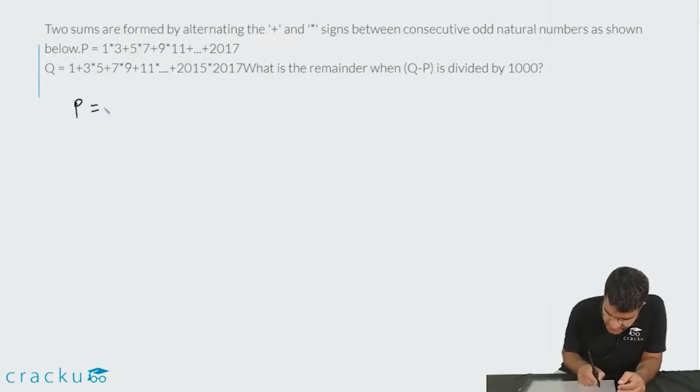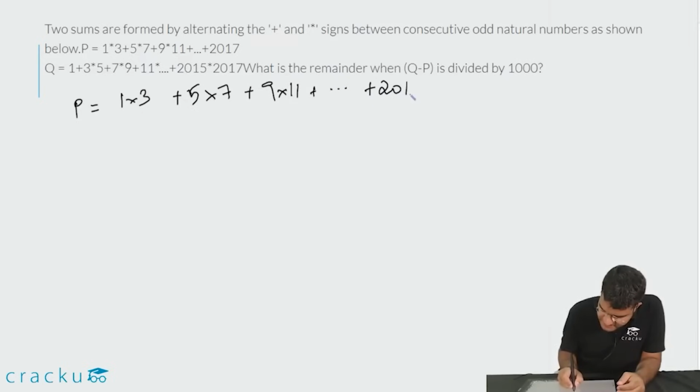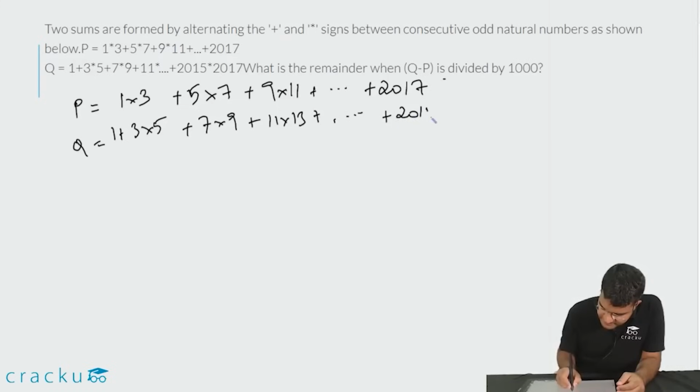P is equal to 1 into 3 plus 5 into 7 plus 9 into 11 plus dot dot dot plus 2015 into 2017. Q is equal to 1 plus 3 into 5 plus 7 into 9 plus 11 into 13 plus dot dot dot plus 2015 into 2017.